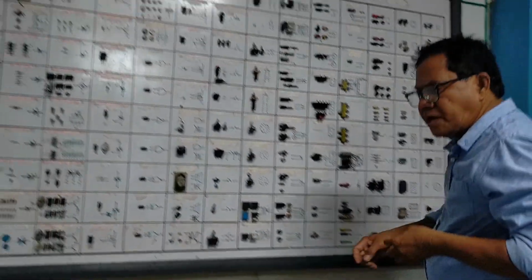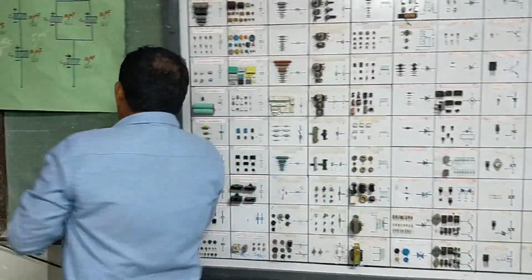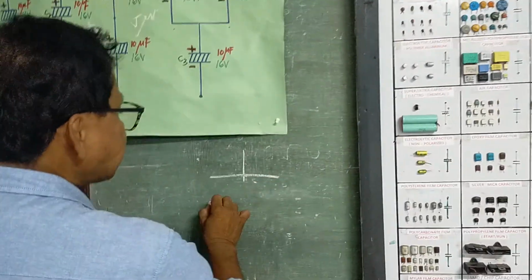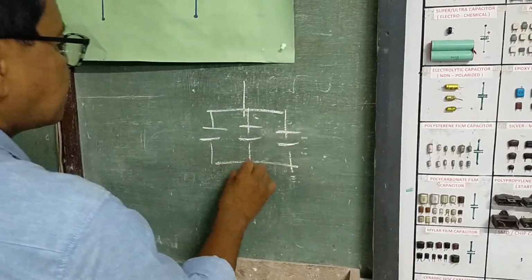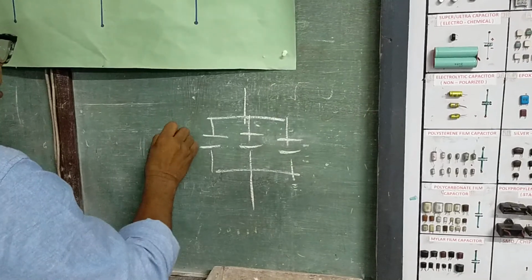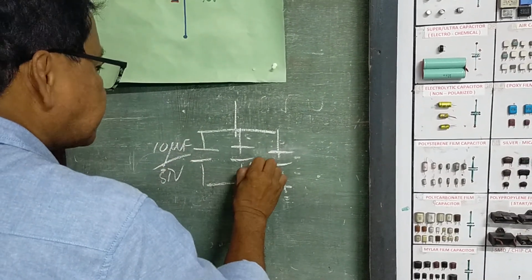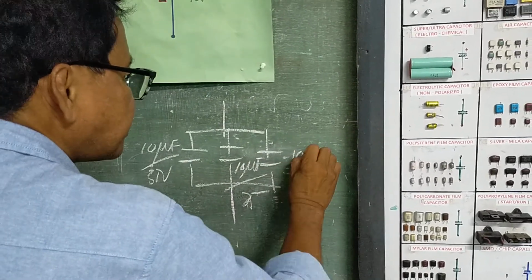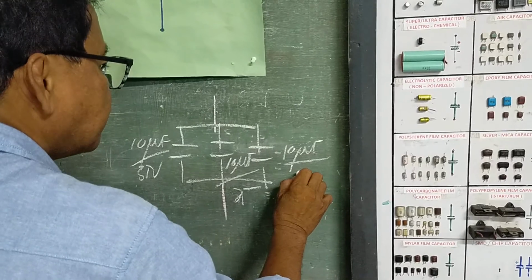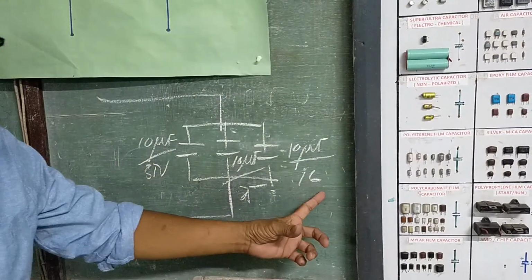So, meaning to say, if there are 3 capacitors connected in parallel, this one here is 10 microfarad with a working voltage of 35 volts. This one here is 10 microfarad with a working voltage of 25 volts. This one here is 10 microfarad with a working voltage of 16 volts. The total working voltage actually is 16 volts.